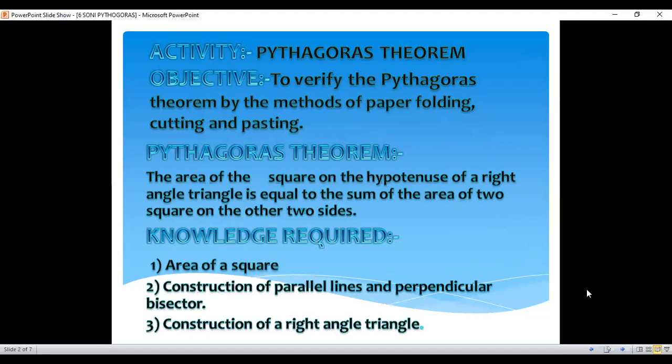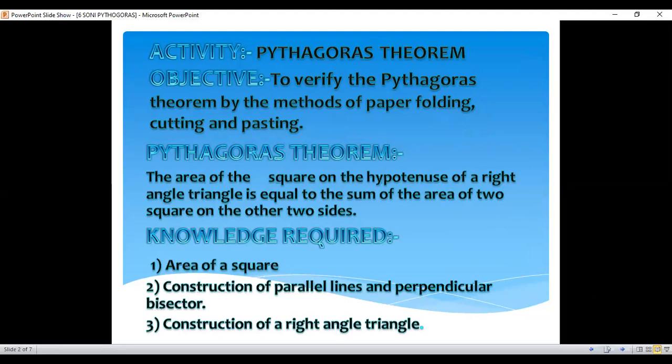The Pythagoras theorem is the fundamental relation among the three sides of a right angle triangle. It states that the area of the square whose side is the hypotenuse is equal to the sum of the areas of the squares on the other two sides.